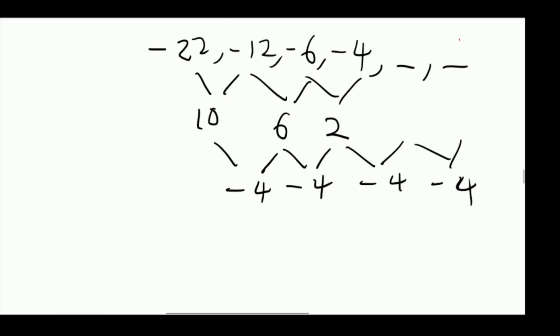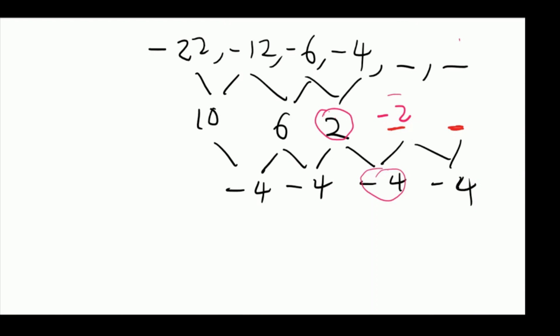So what we need to do is find the terms of the first difference here. To find them, we're going to say that this 2 plus this minus 4 is going to give us minus 2.